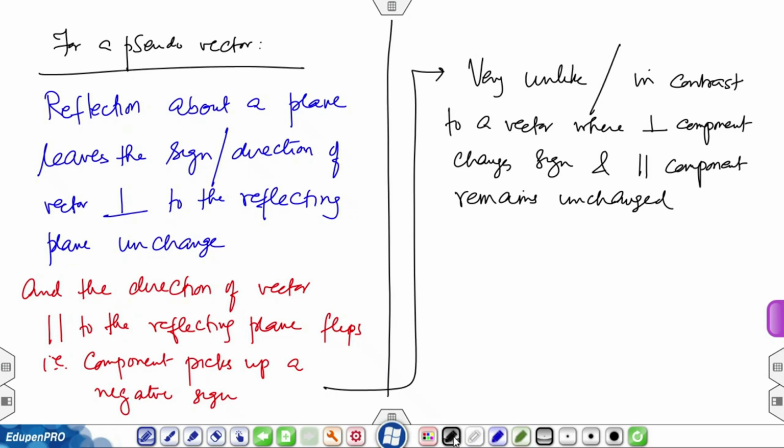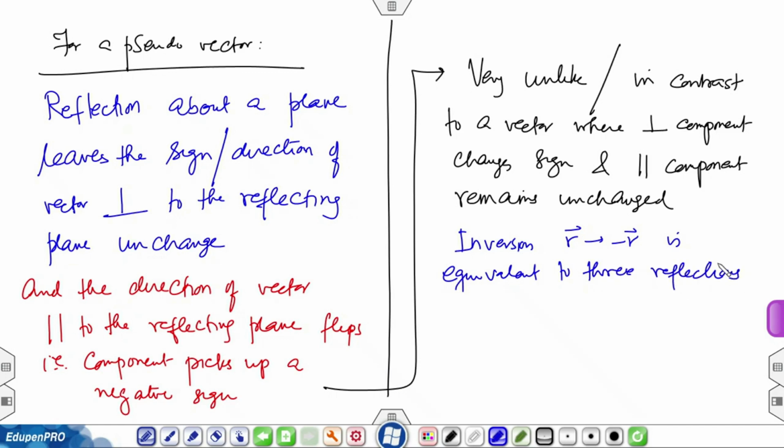And inversion, that is r going to minus r, is equivalent to 3 reflections, and it is now left for you to check how components of a pseudo vector change under inversion.